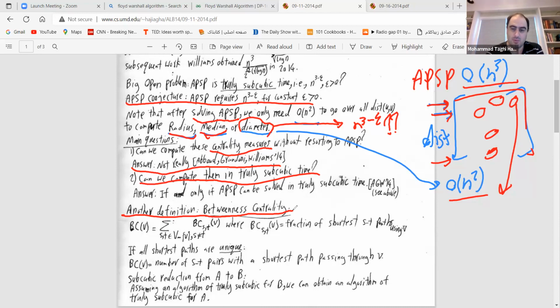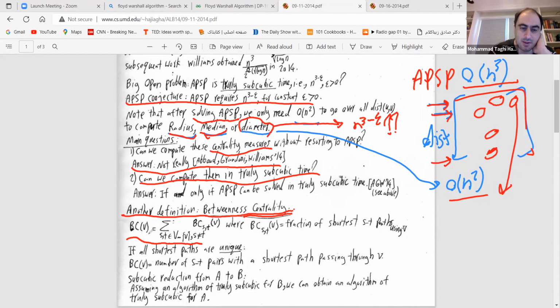So before going to some of this proof, let's define another definition, the betweenness centrality. This is also important. So what is the betweenness centrality for a vertex V?